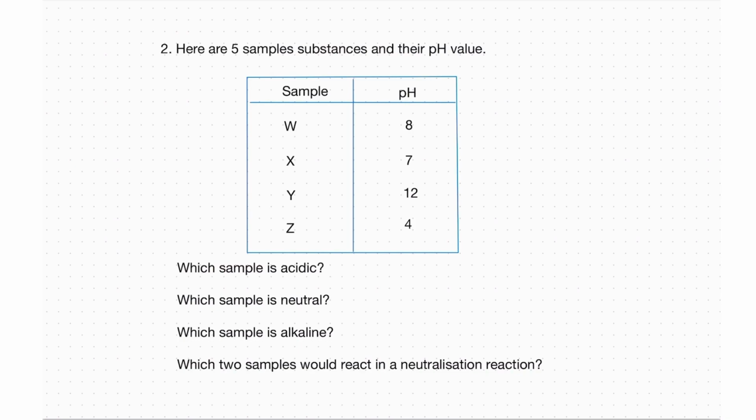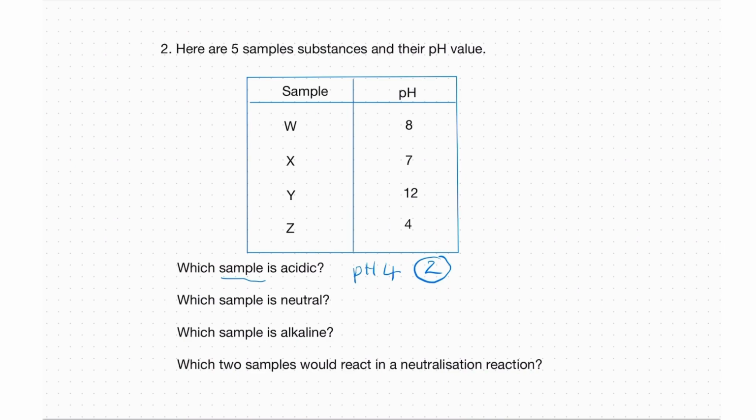The lowest number on there is pH 4. Some people make the mistake of writing the number. If you do that, also write the letter, because it is the letter that gives you the sample answer. So in that case, they want Z.